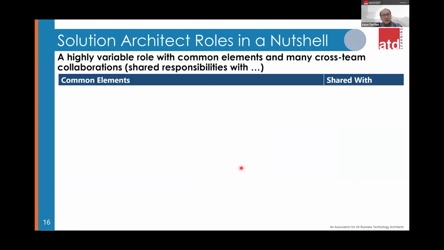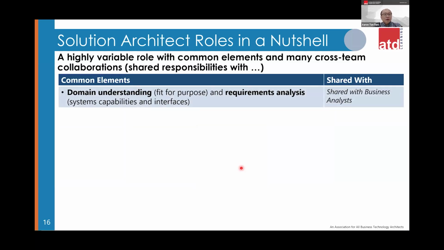Okay, so this is the continuation about how a solution architect typically executes day-to-day operations. Typically they liaise with other teams outside the solution architecture team itself. For instance, when you want domain understanding, you need to do requirement analysis, and typically you share that with business analysts, so you collaborate with them.